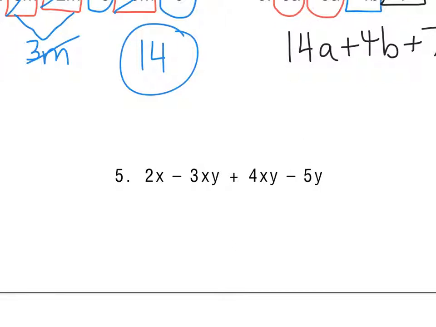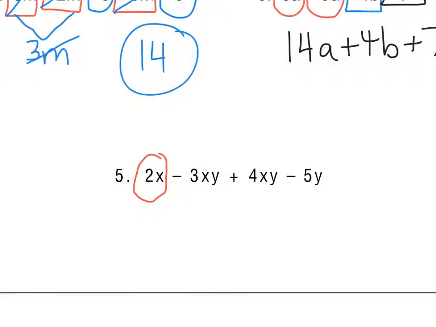This will just help you see what it means to be a like term. So we have a positive 2x. If I look at these other terms, nobody else just has the variable x at all. So that's our only x term.